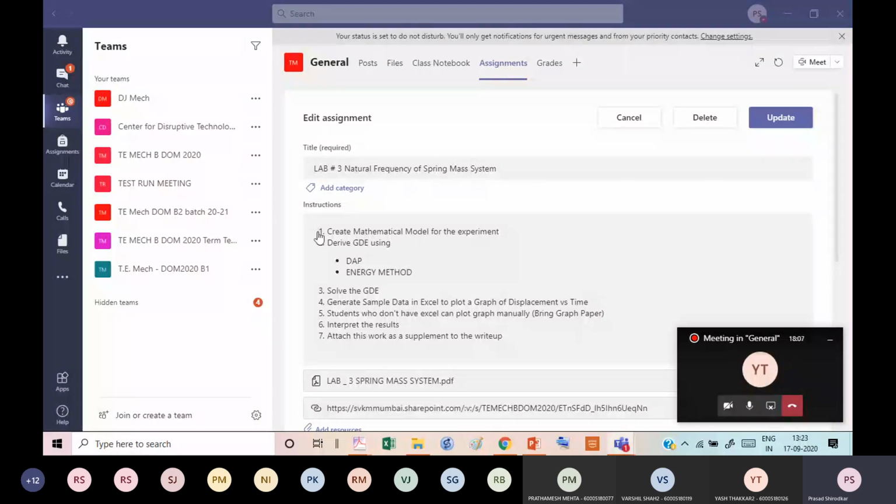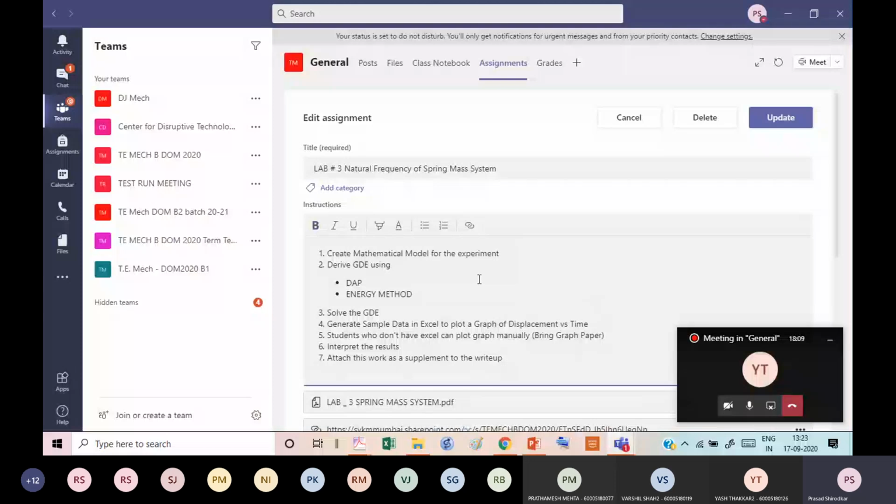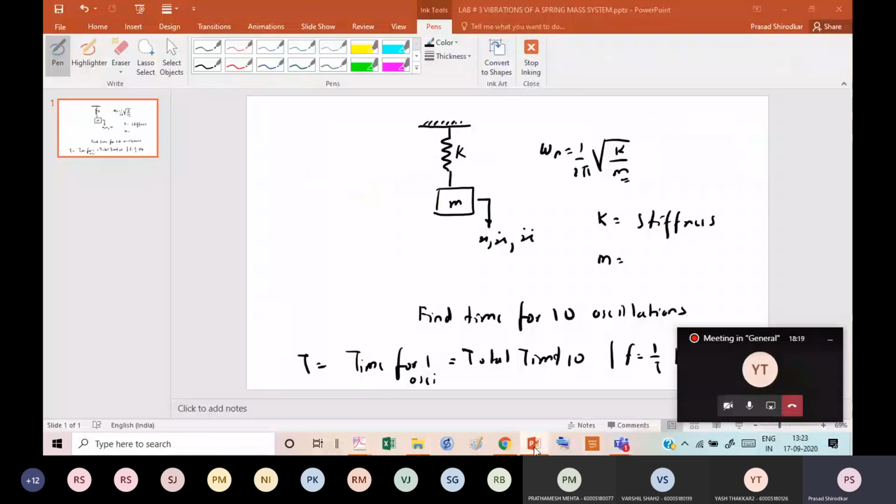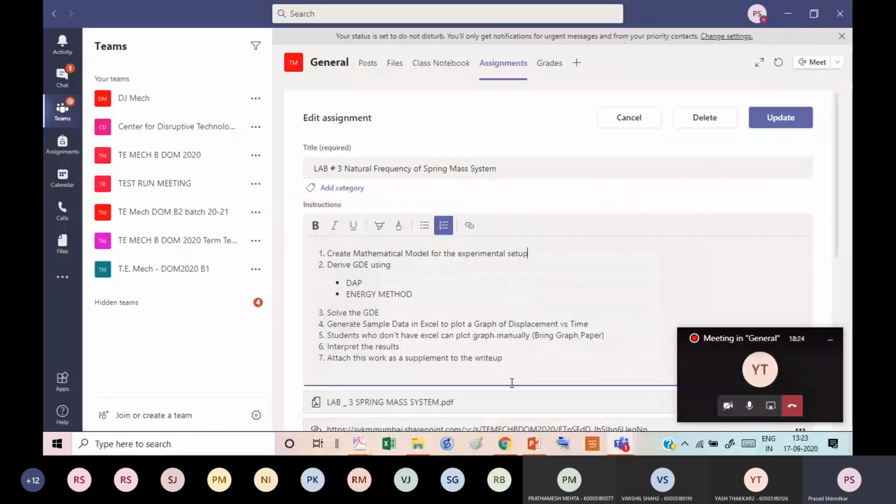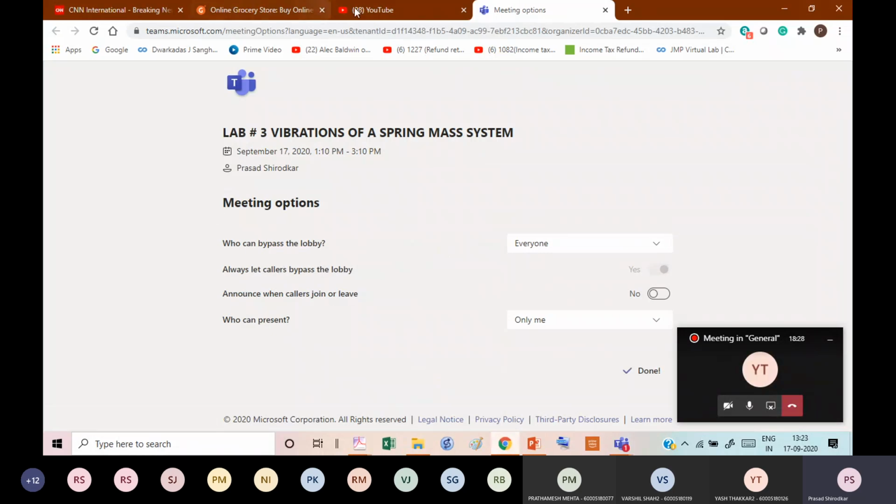Okay, so first thing is creating the mathematical model for the experimental setup. So your experimental setup is nothing but your spring mass system that I have just showed you in this PowerPoint, and I will also show it on your video.